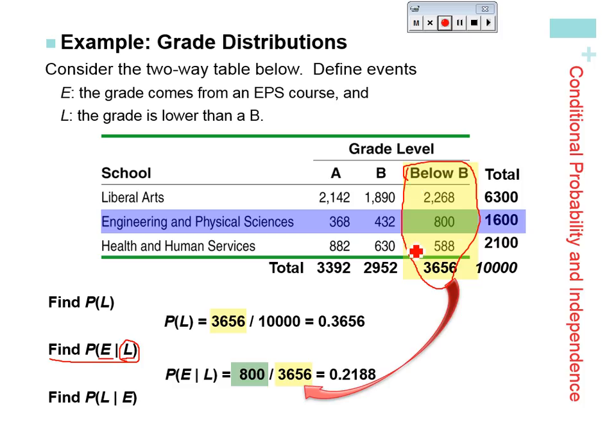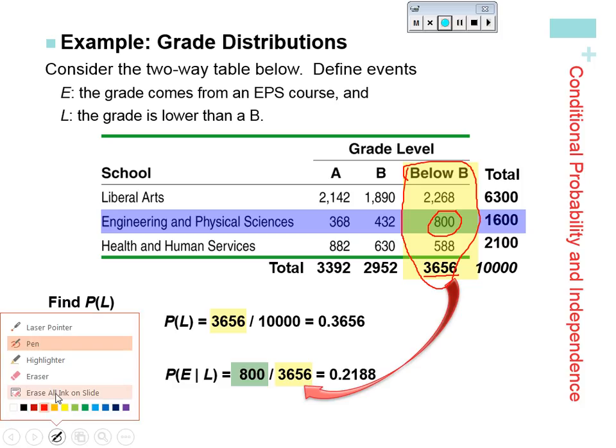So if you notice, there's 800 students in this particular column that are in the engineering and physical sciences school, and out of those 800 that are in that school, this is the total amount for all three schools put together where the students scored below a B. So that would be the probability for the second part.